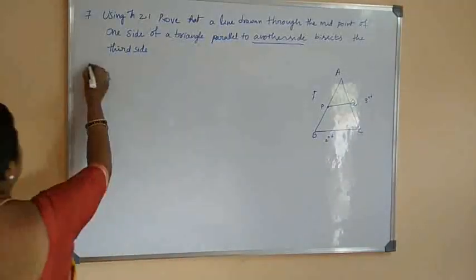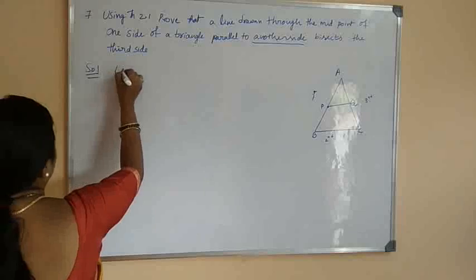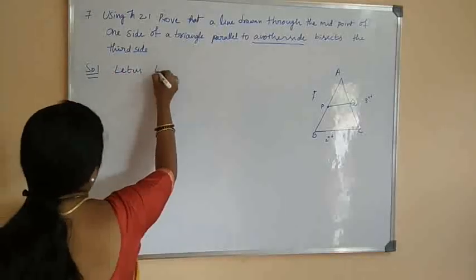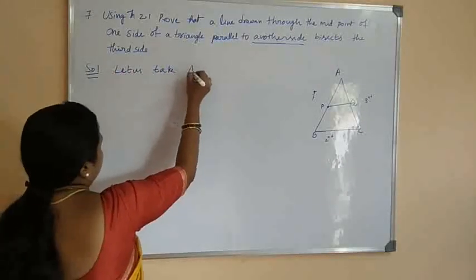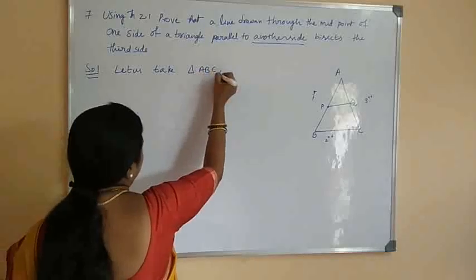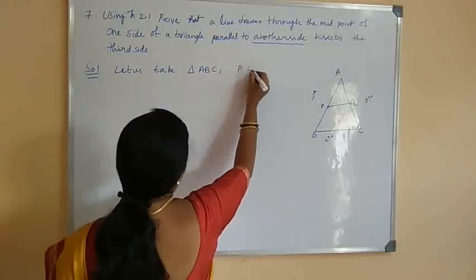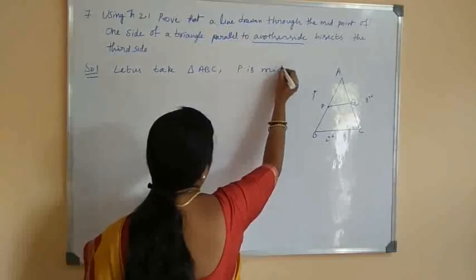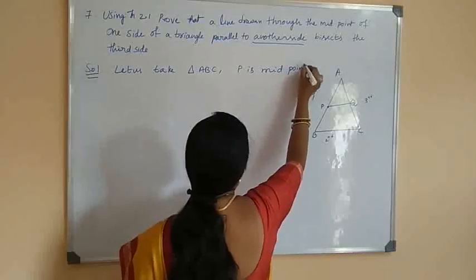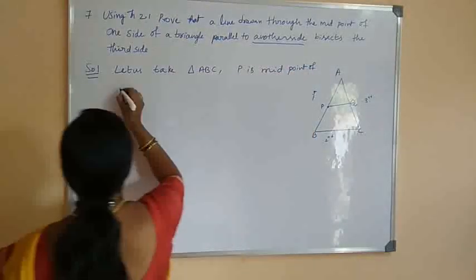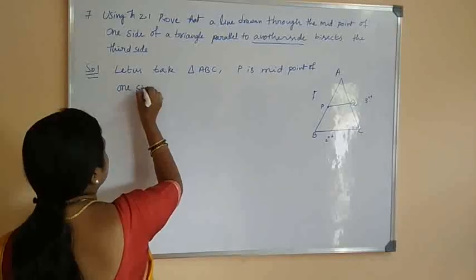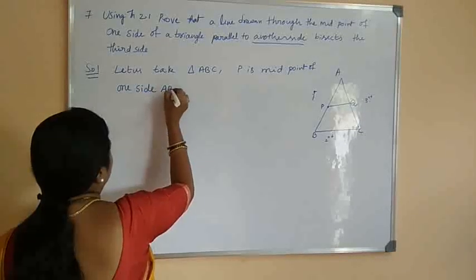Then first, solution. Let us take triangle ABC. P is the midpoint of one side AB.